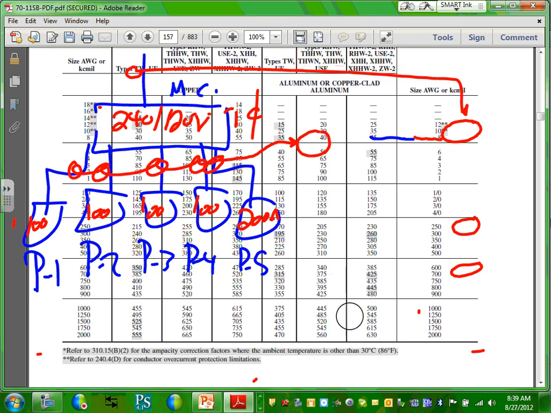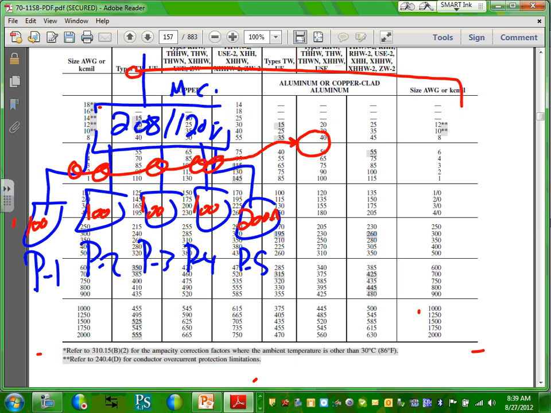If that wasn't 240, it was 208/120. So let's just say that was 208/120 volt, and that most likely would be a three-phase system, right?